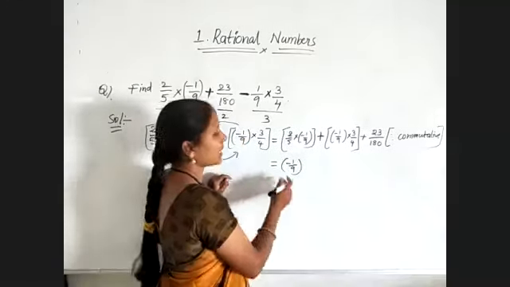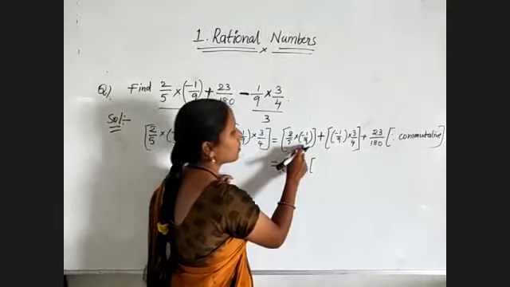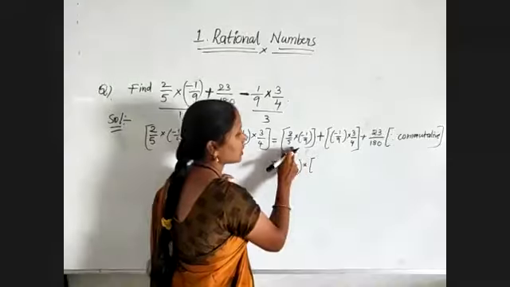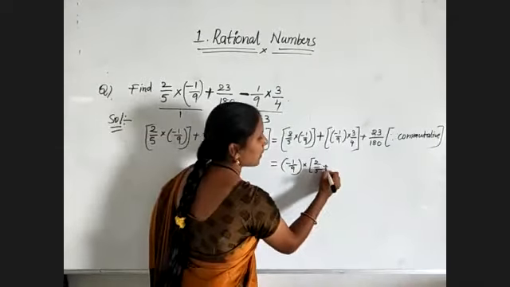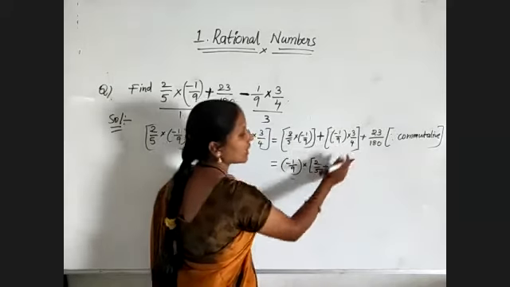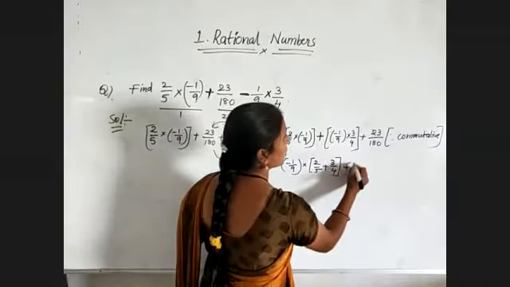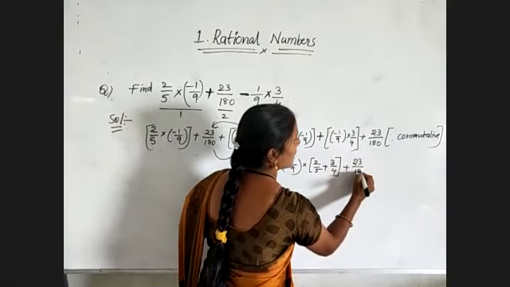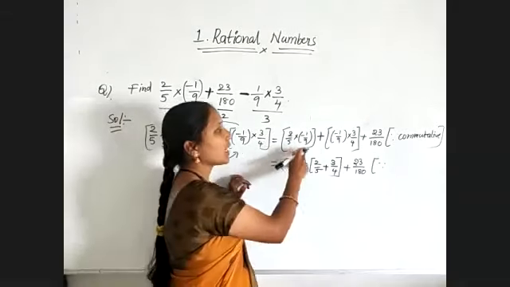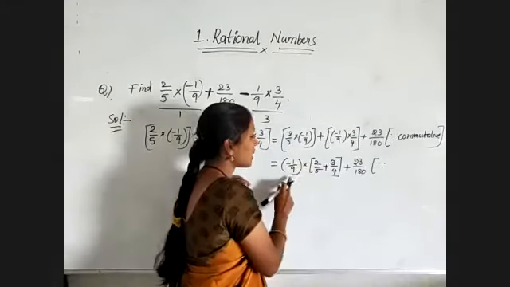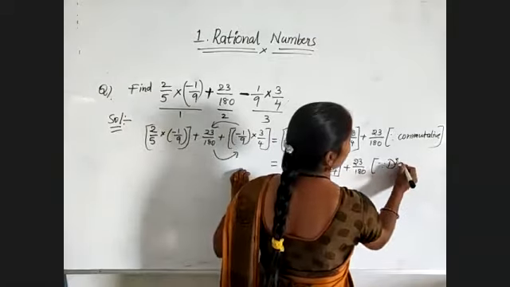Minus 1 by 9 I wrote outside, multiplied by what is left in the first term, which is 2 by 5, and between them plus, and in the second term, 3 by 4 was left, and plus 23 by 180. By which property did we do this? Distributive property: A into B plus A into C is equal to A into B plus C.